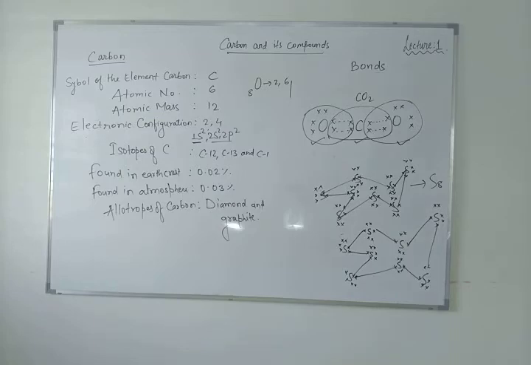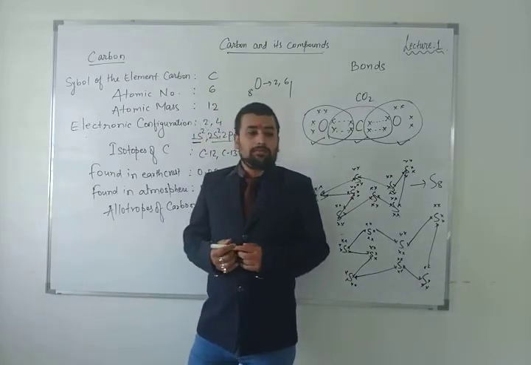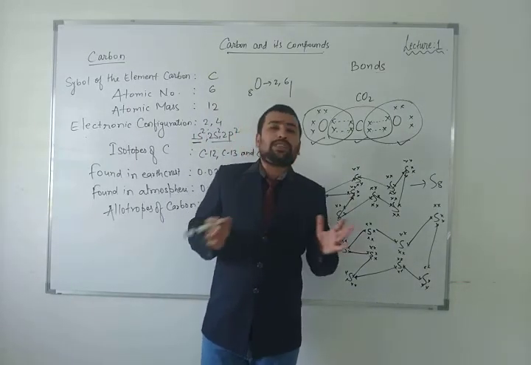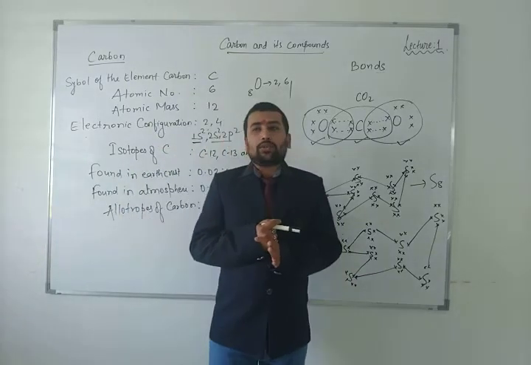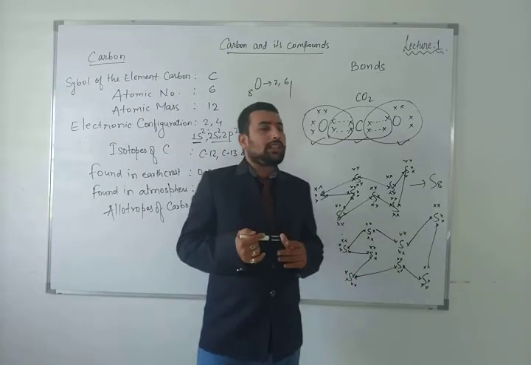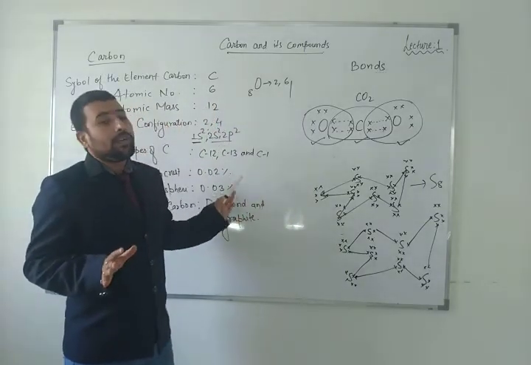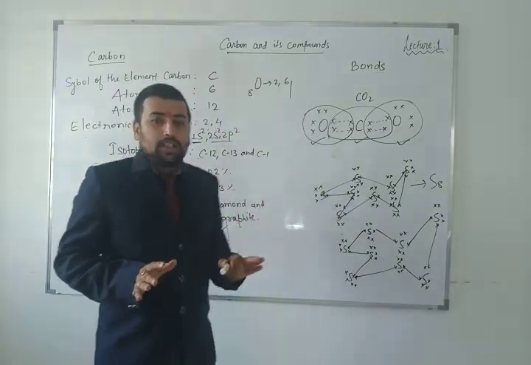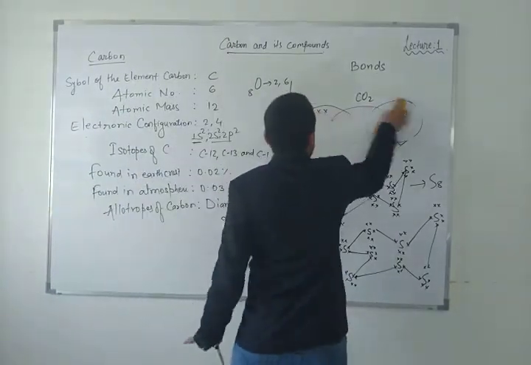Now we are going to discuss the main things about carbon: its versatile nature, and saturated and unsaturated compounds. Now we will move towards the bonding of carbon, how carbon forms bonds between its own atoms.